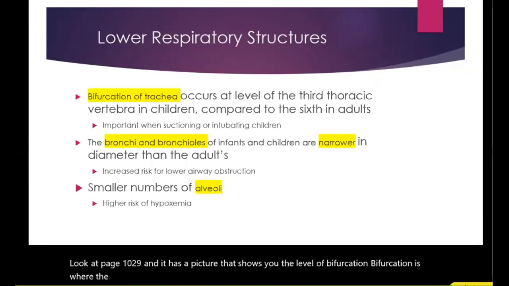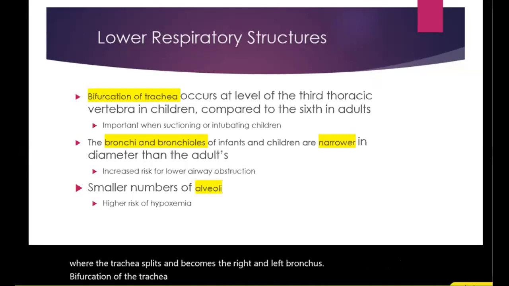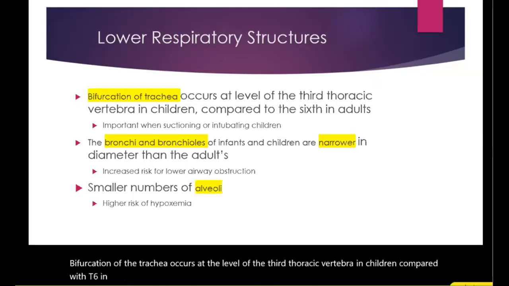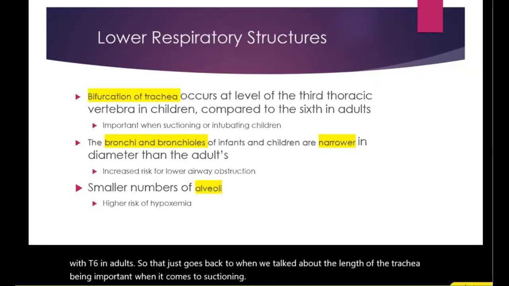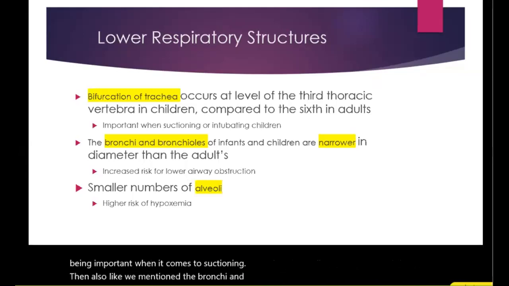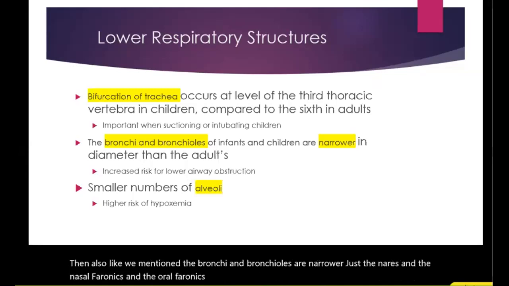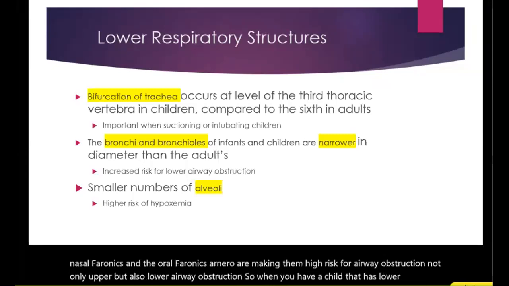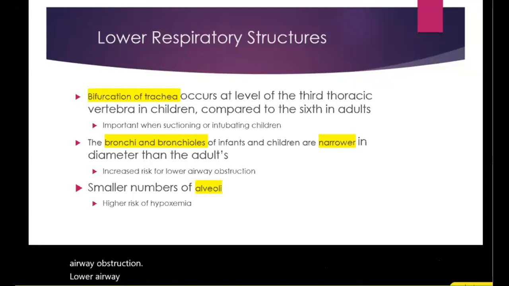Upper airway is above the bronchi. Lower airway is below the bronchi. And then we mentioned the smaller number of alveoli, which is so important. A newborn has 25 million alveoli, and of those 25 million, they are not fully developed. Okay, so they're immature.